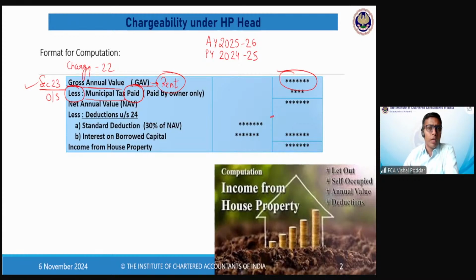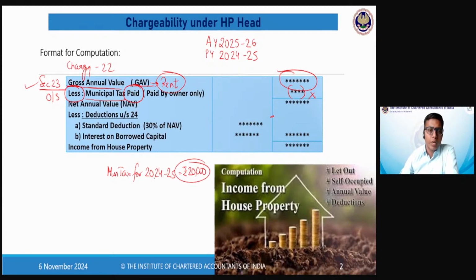Now I will take a practical case that in the exam they have given that the municipal tax for this year 2024-25, which is your previous year, is rupees 20,000. Now, if they say nothing, you can very well assume it is paid. You can deduct it from here and it will be your deduction. Second, if they say it is outstanding, you will not deduct anything.